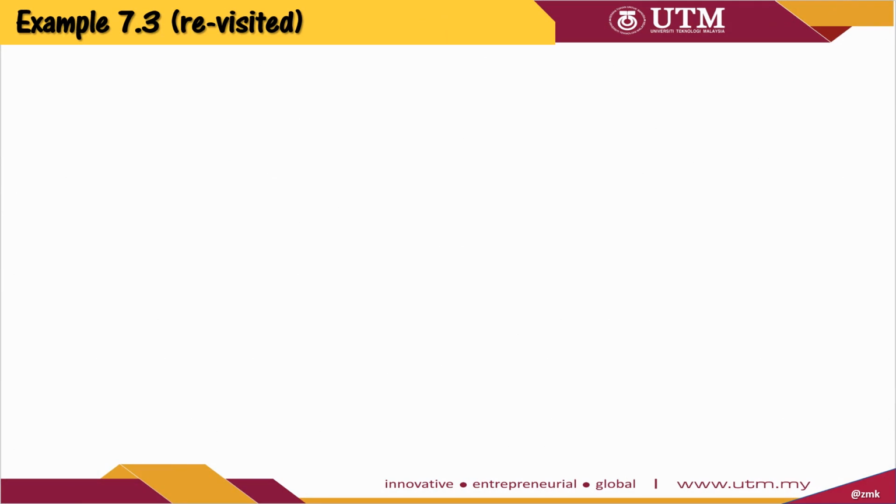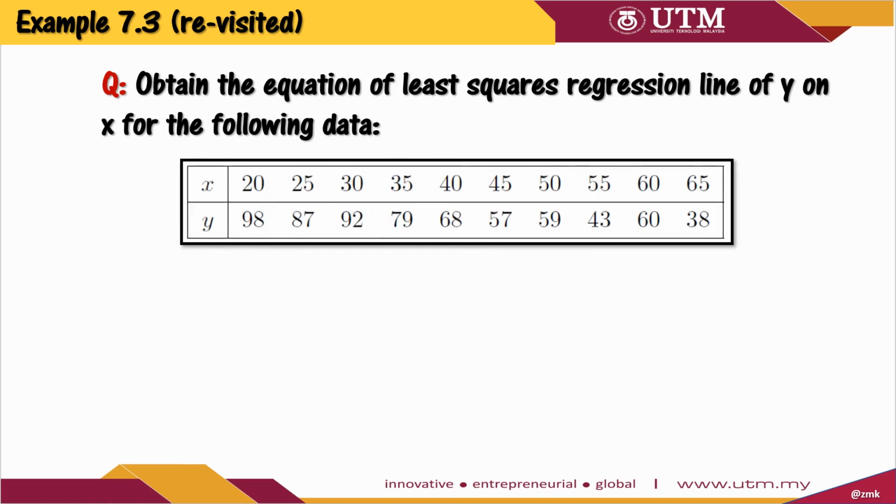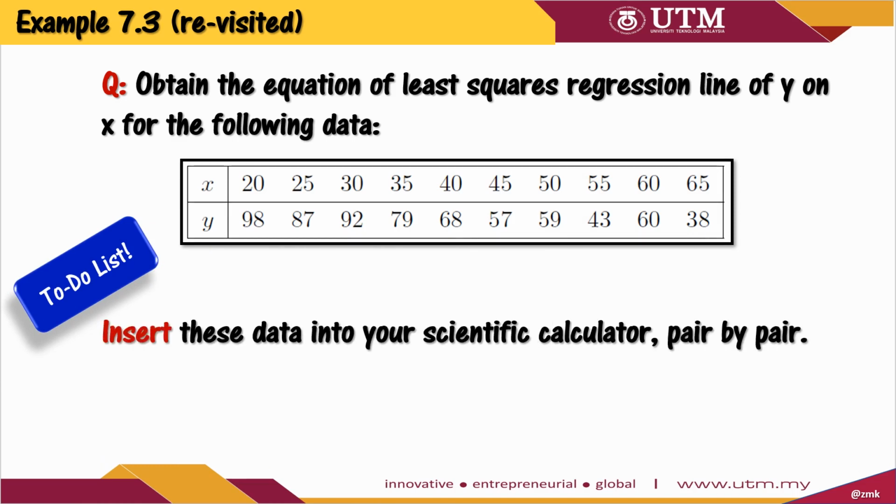Refer to example 7.3 again. The question is, obtain the equation of least squares regression line of y on x for the following data. What you need to do when getting this kind of question are as follows. First, insert the data into your calculator straight away, pair by pair, correctly.